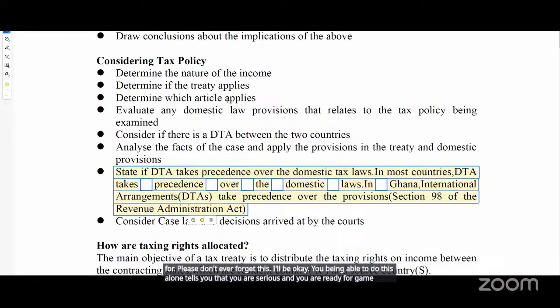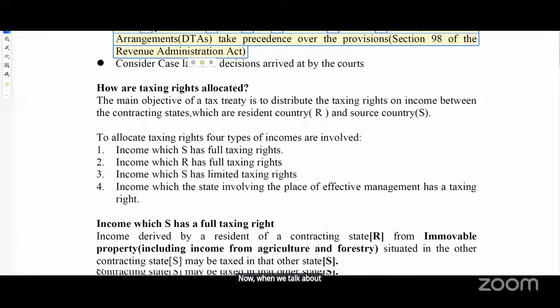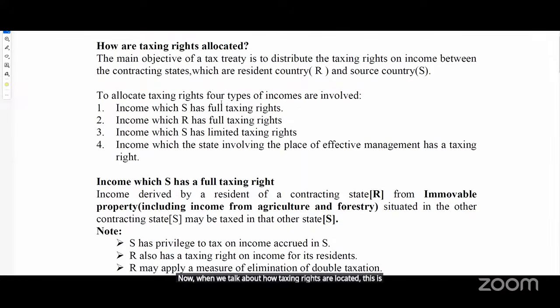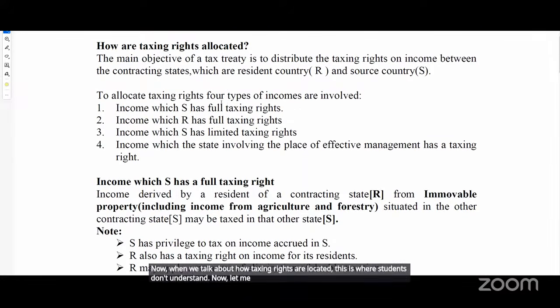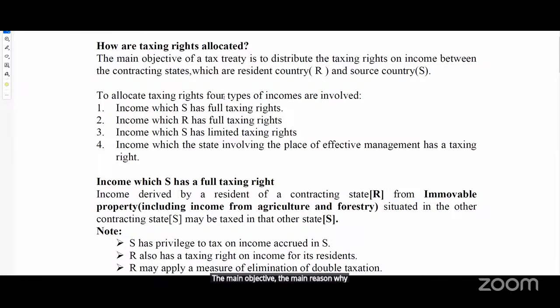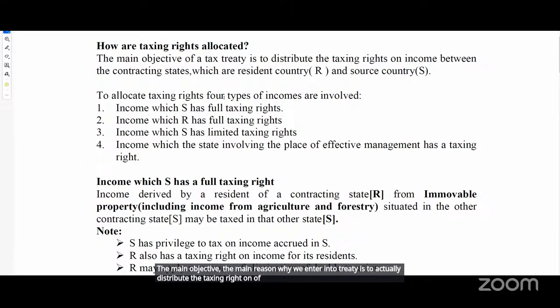Now, when we talk about how taxing rights are allocated, this is where students don't understand. Let me break it down to class 1 level for you. The main reason why we enter into treaty is to distribute the taxing right of income between the 2 states.